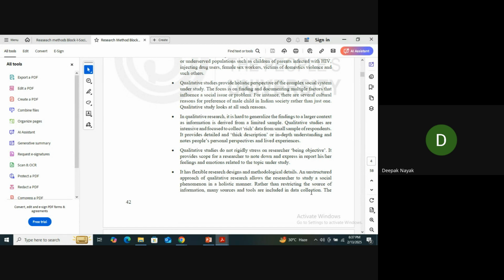Then case studies, of course. Case studies also are conducted. A case study is where you are trying to understand people or their situation case by case. A case may be an individual.